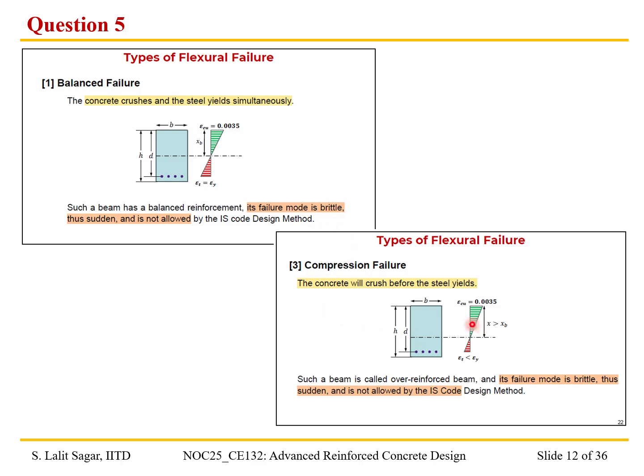Then we have the compression failure. Here, we can see that the depth of the neutral axis is greater than xb. xb corresponds to the depth of the neutral axis corresponding to a balanced section. We can see here that the reinforcing steel under tension has not undergone yielding yet, but the concrete has undergone the compressive strain, as a result of which concrete crushing takes place, and it is known as a brittle mode of failure.